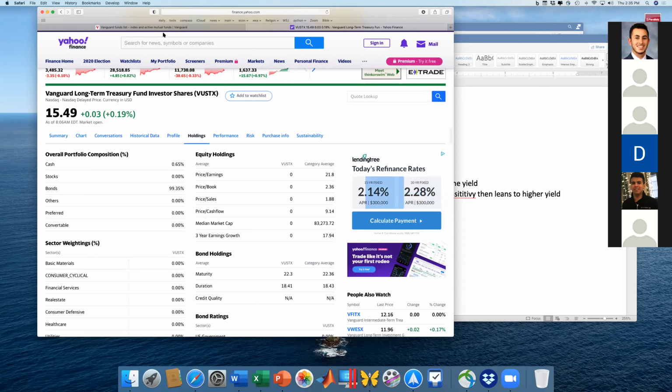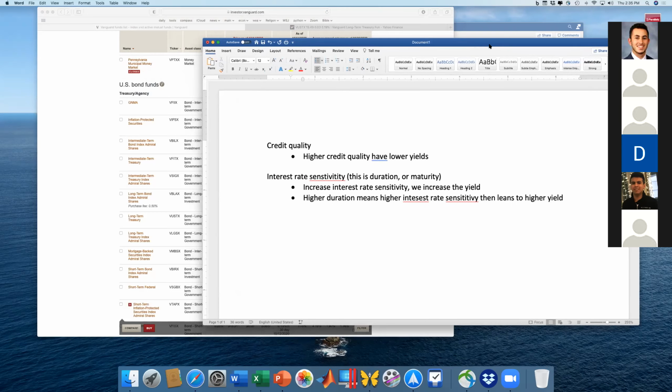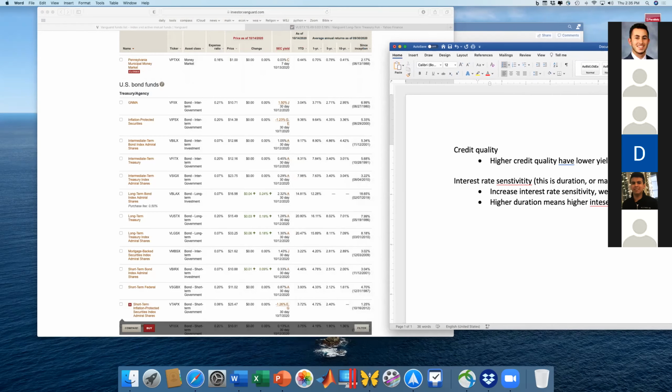One more thing here. Let's go to the Vanguard 500 list, and I want to show you something. We're going to specifically look at the returns. This is return. This is what has actually happened. Yields are what is projected to happen.